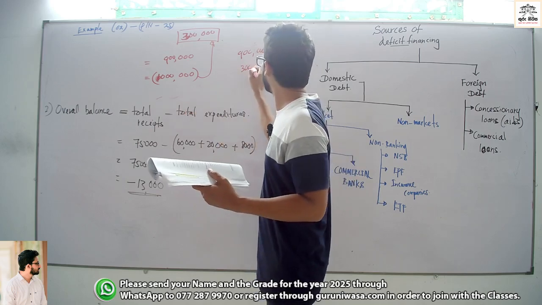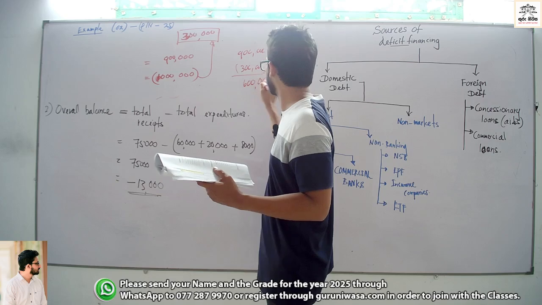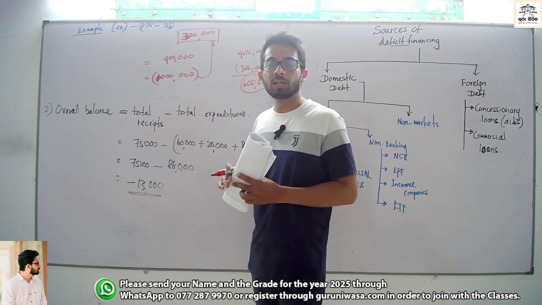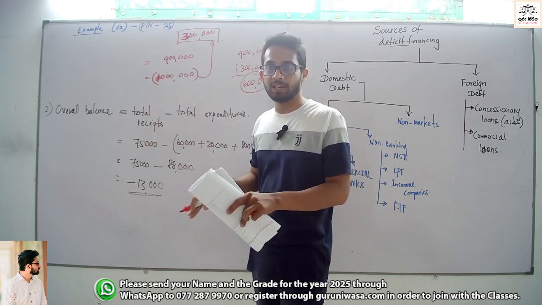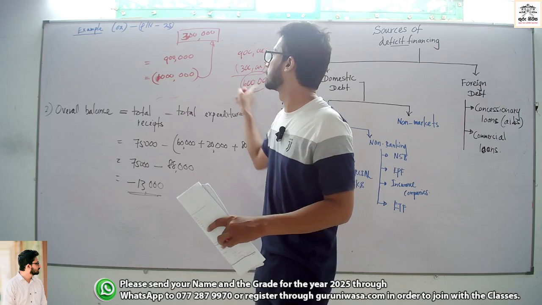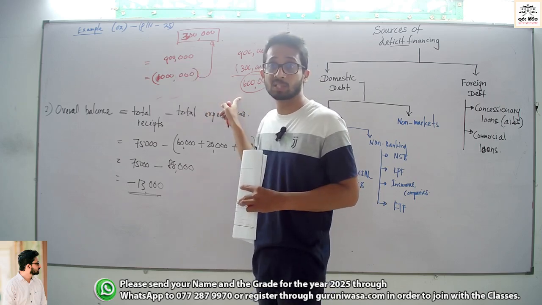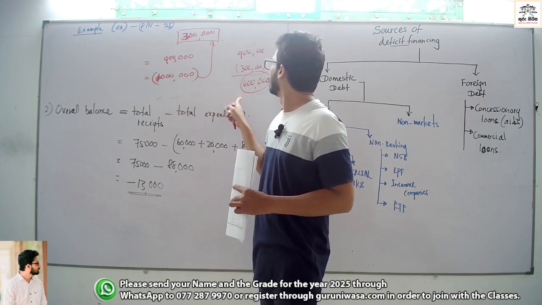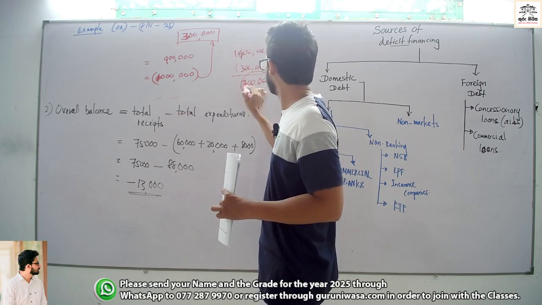Deduct this 300,000 from your total, and your controllable expenditure is 600, or rather, sorry, expenditure should be 700,000.